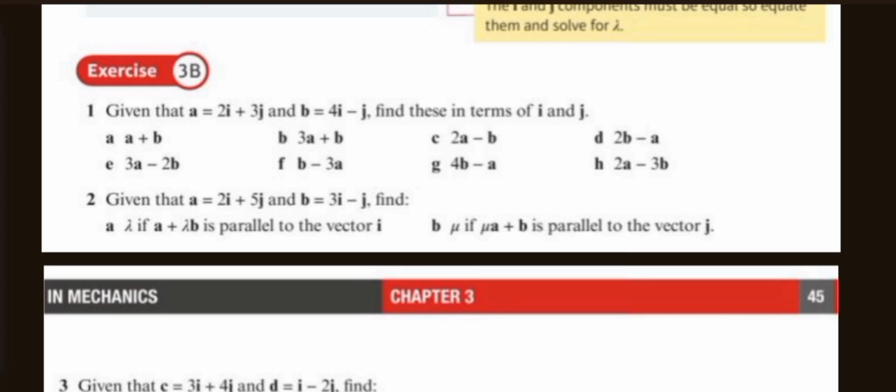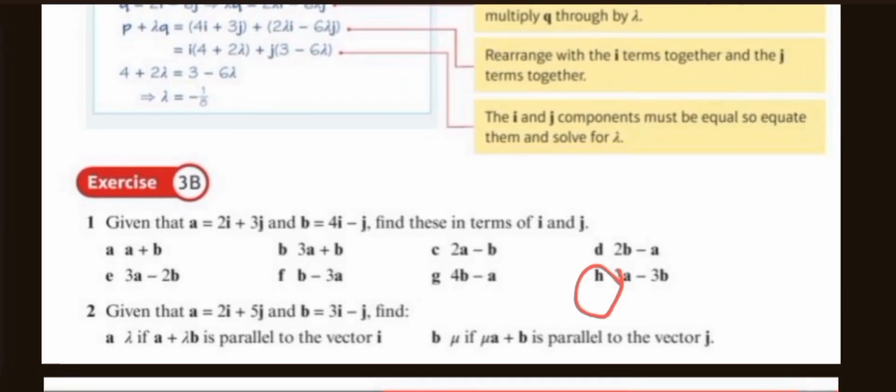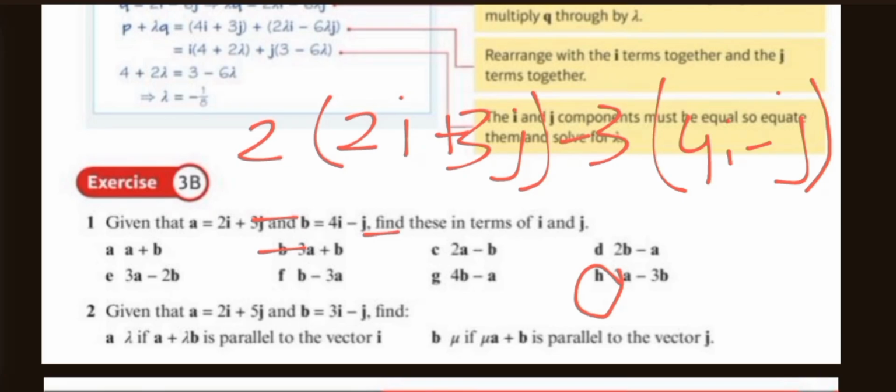So we're going to do number H. If we simplify it further, then we're going to get minus 8i plus 9j.